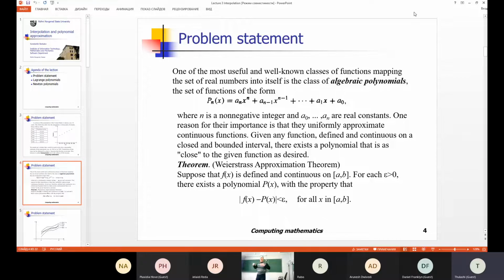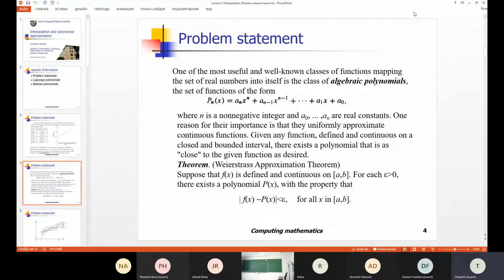Polynomial of degree 2, or quadratic polynomial. How many coefficients are there for a quadratic polynomial? 3.